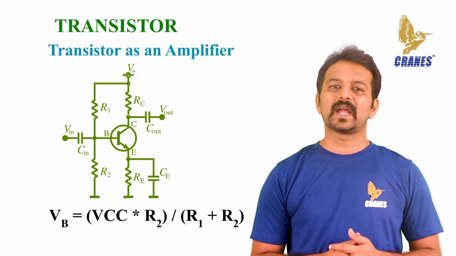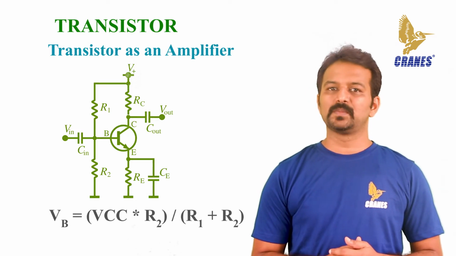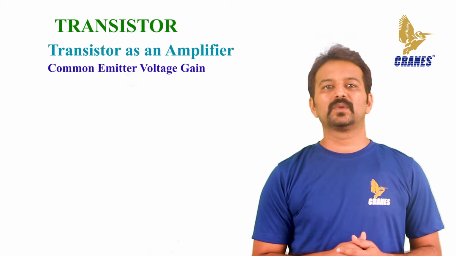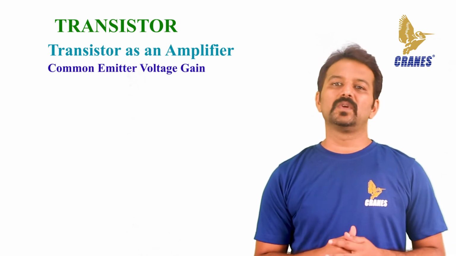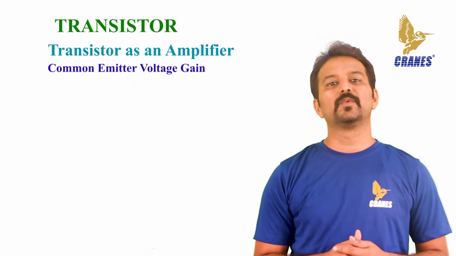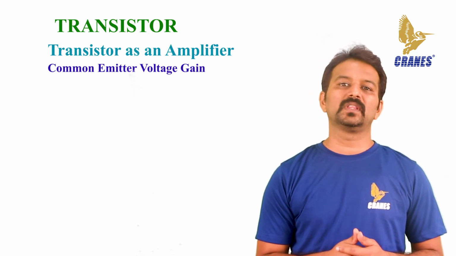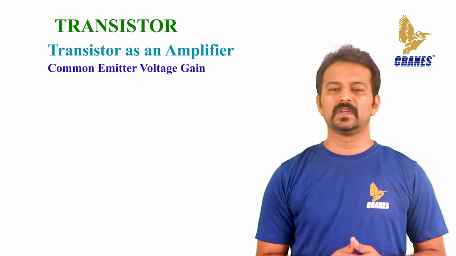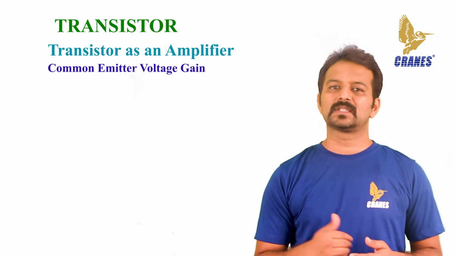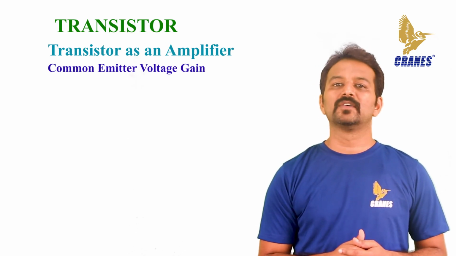As the transistor is activated, that is in the saturation mode, consider the common emitter voltage gain. Common emitter voltage gain is equivalent to the ratio of the change in the output voltage to the change in the input voltage. Consider Vin and Vout as delta VB and delta VL.